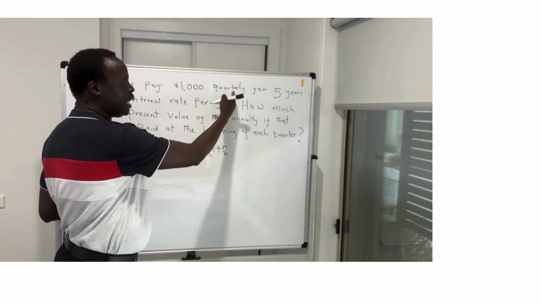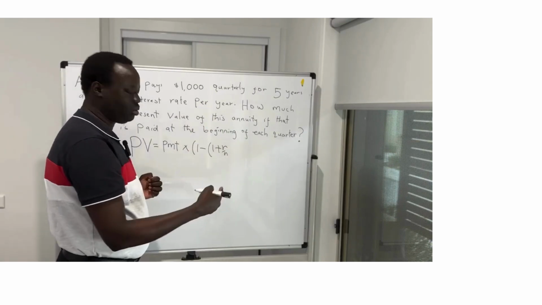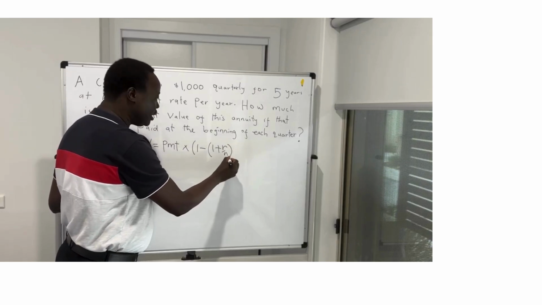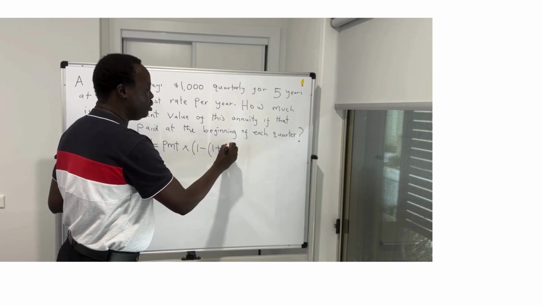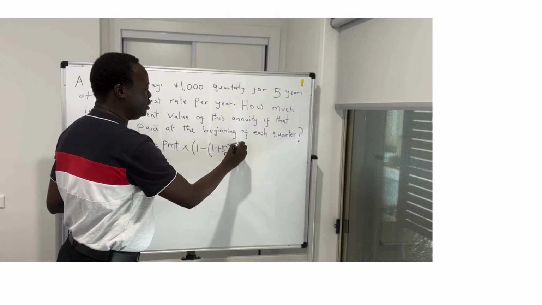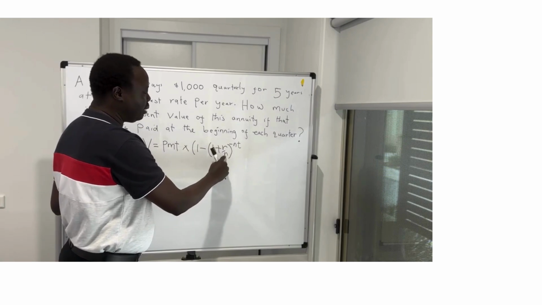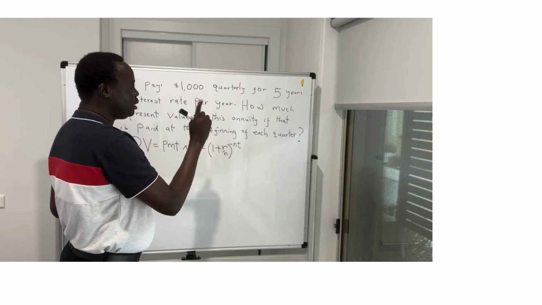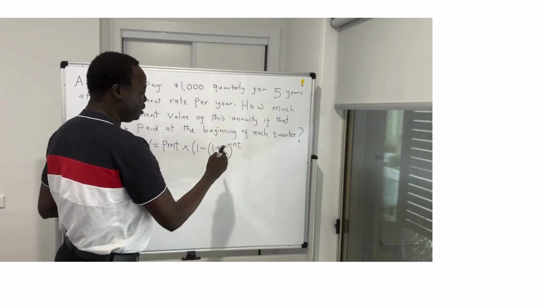In this case, it says quarterly, so N is 4. Then close parenthesis, and raise this to the power of negative NT, where N is the number of times the interest is compounded, which is quarterly, times T, and T in this case is 5.